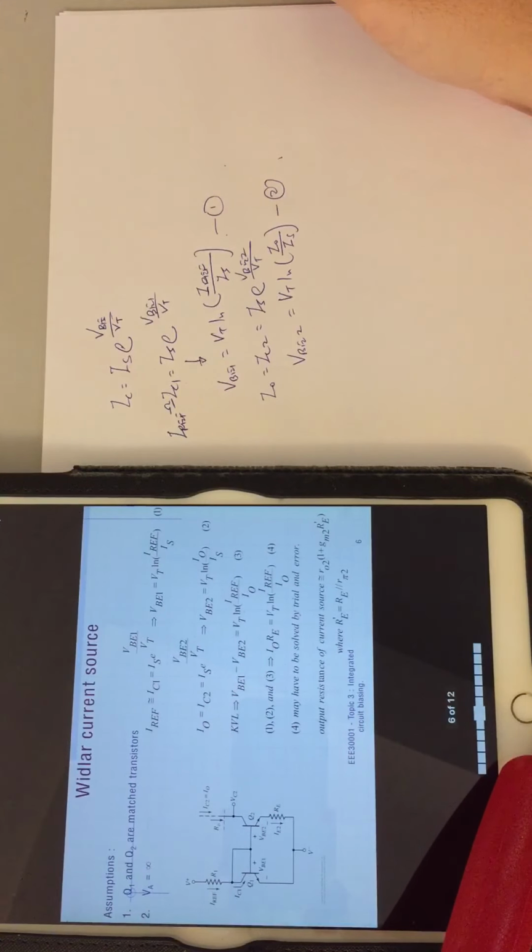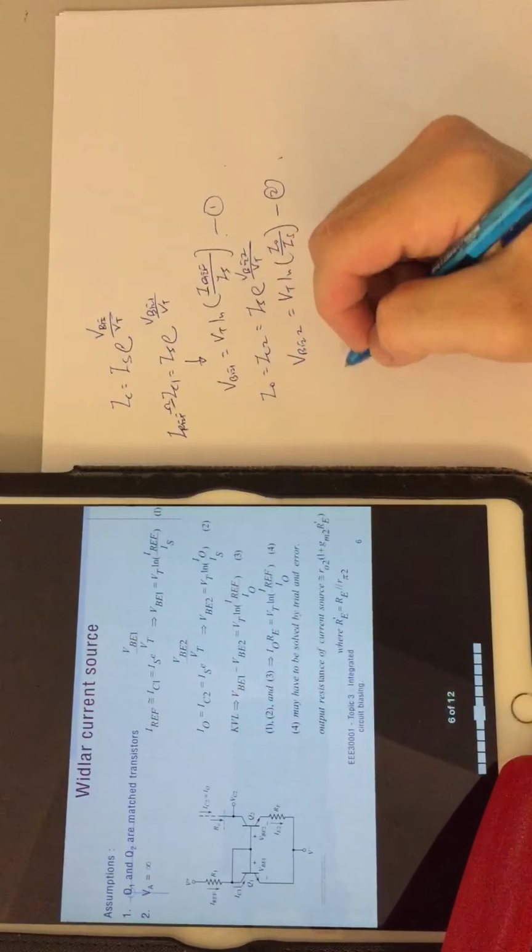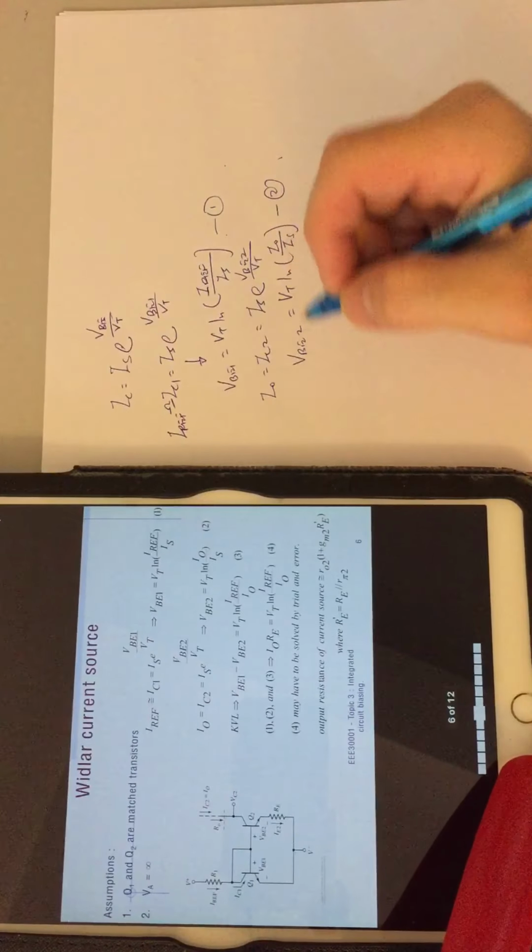So what we need to do now is derive a KVL expression for this loop.